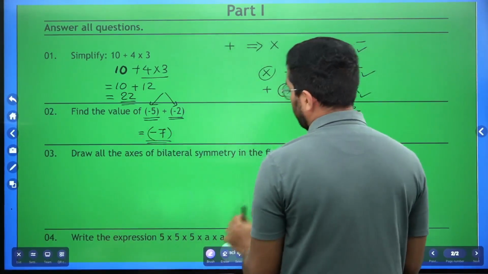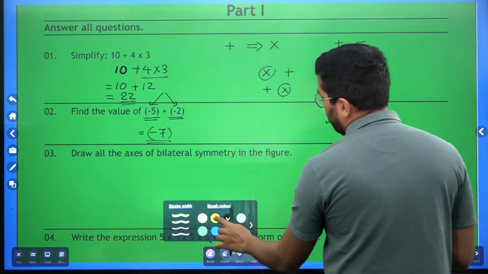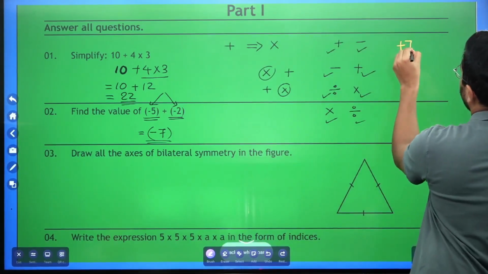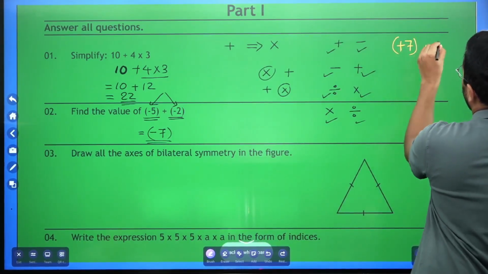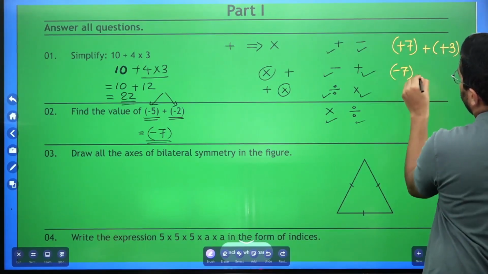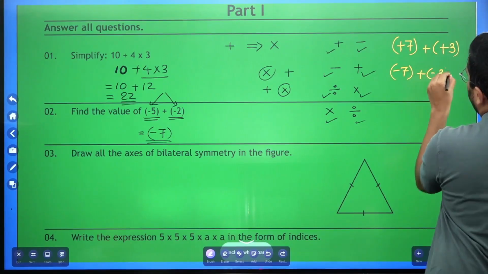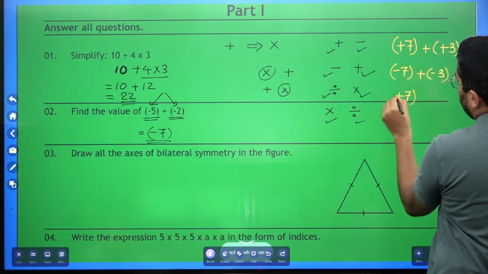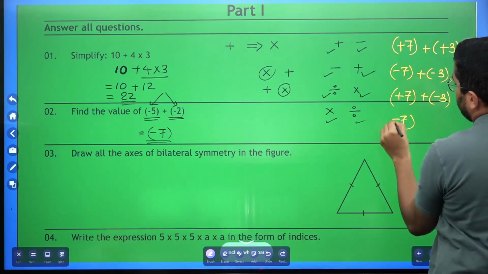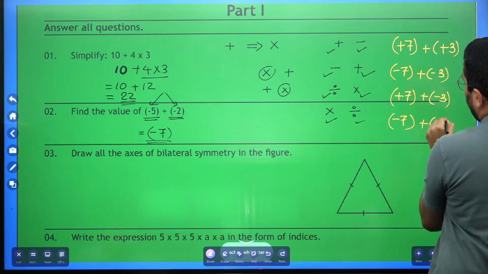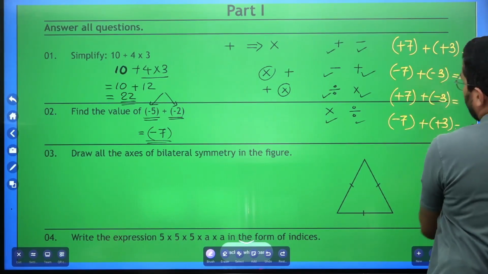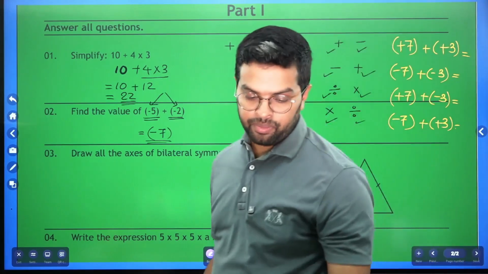Can you quickly tell me the answers for these questions? Positive 7 plus positive 3. Then negative 7 plus negative 3. Positive 7 plus negative 3. Negative 7 plus positive 3. Can you quickly write the answers for these questions?